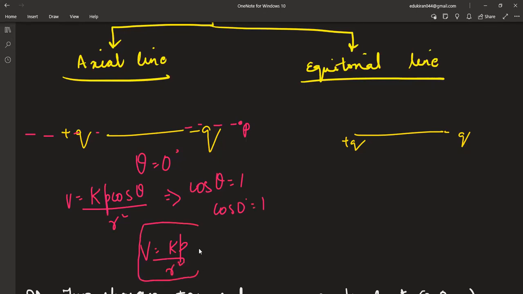So this is the formula for the axial line. And if it's equatorial, if it is perpendicular, theta is 90 degrees. Can anyone tell me the answer directly? Ma'am, that is also Kp by R square. No. What is cos 90? It's 0. So cos 90 is 0. It means potential is 0 at the equatorial.